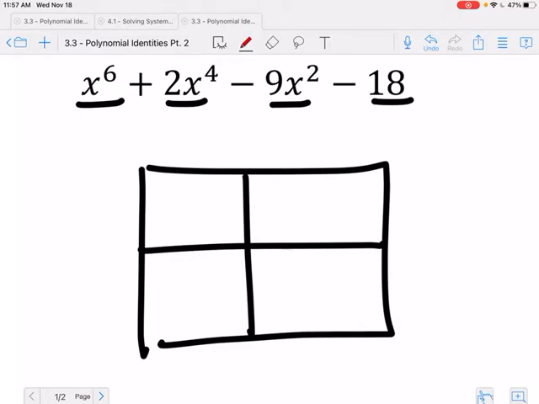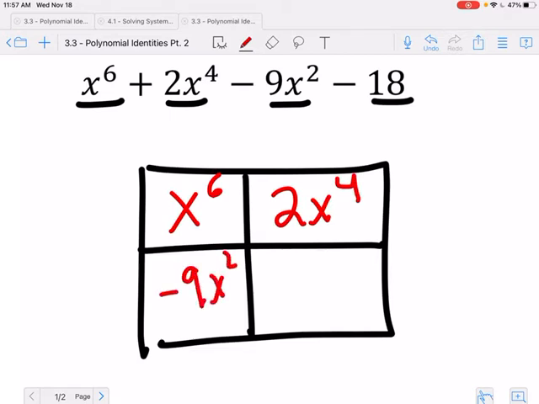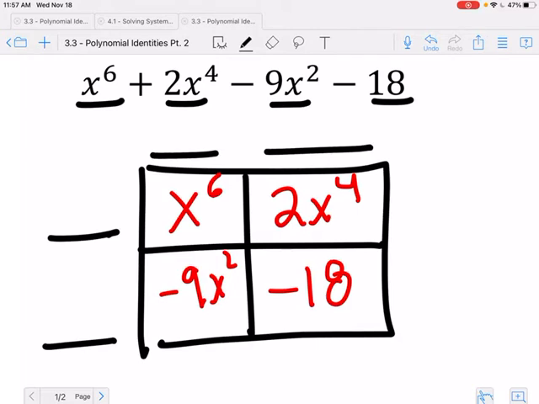So I'm going to go ahead and place my 4 terms inside my box. Okay, so again, I'm going to be looking for the outside numbers. Now, how are we going to be finding that? We're actually going to be finding the greatest common factor of 2 boxes at a time.